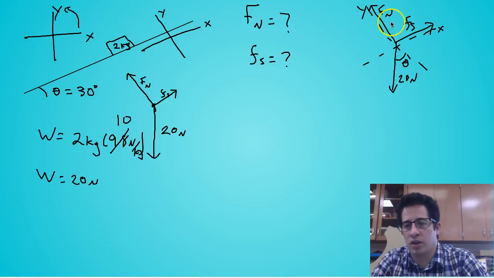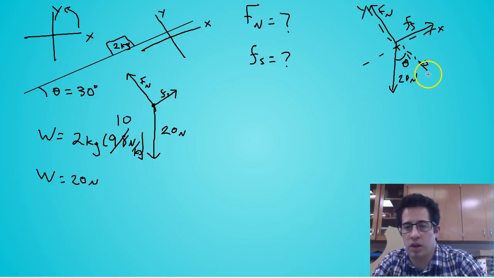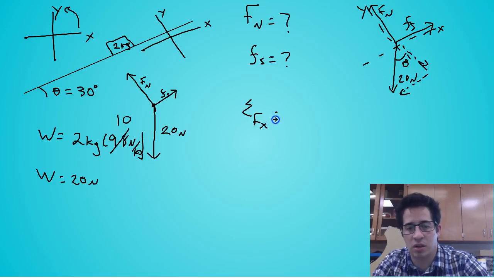I prefer to work it out using this method right here. So we know that this angle right here is 30, so we're going to have a component of gravity pulling it into the plane and a component of gravity pulling it down the plane. We're going to use this to balance it out. Let's start with the sum of the forces in the x direction. It's going to add to be equal to 0.